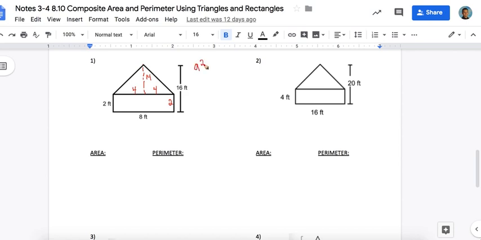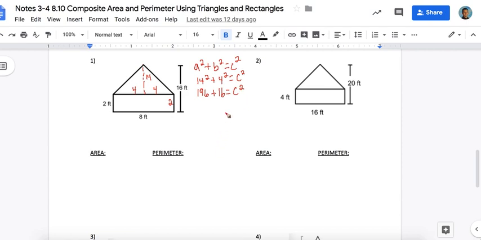So we're going to say a squared plus b squared equals c squared. I'm going to use this one as my a, so I'm going to say 14 squared plus my bottom, which is 4 squared, equals c squared. 14 squared is 196, plus 4 squared, or 4 times 4, is 16.